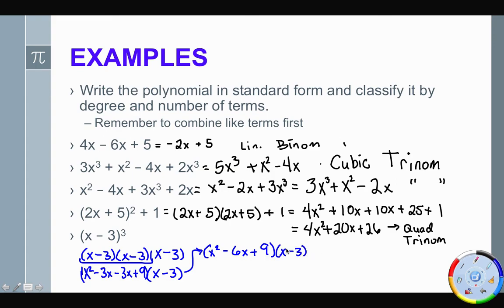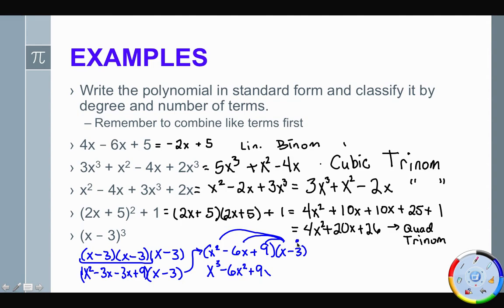So I need to multiply this x by all 3 things. x times x squared is x to the third. x times minus 6x is minus 6x squared. x times 9 is plus 9x.